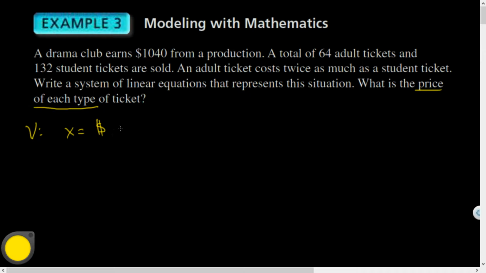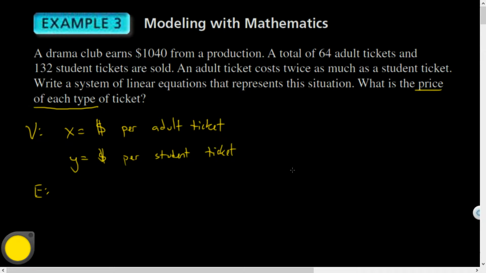All right, so x is the price per adult ticket, and y will be the dollars per student ticket. I think my brain just went on autopilot there for a minute.